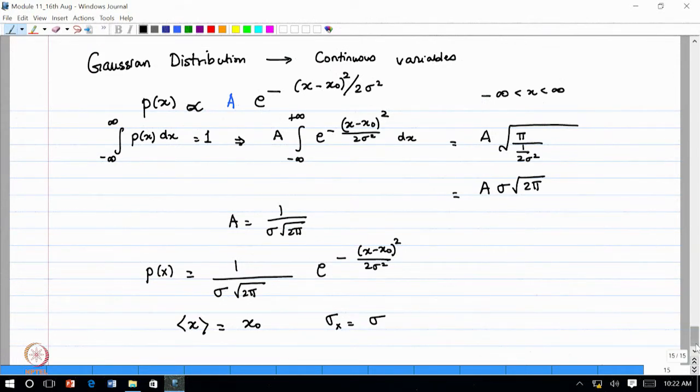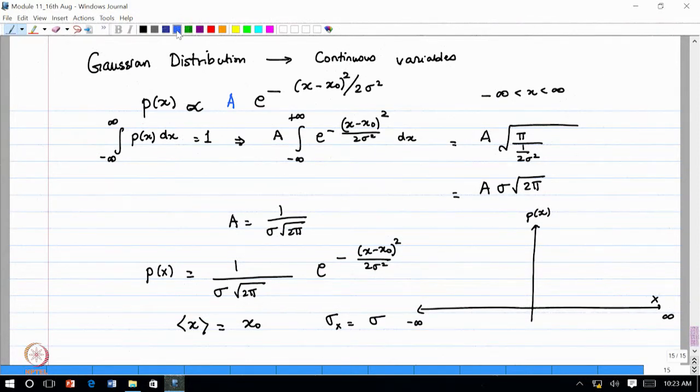Okay. And this Gaussian function looks like a Gaussian distribution function. So, if this is minus infinity to infinity, this is your x axis, and p of x is shown on this axis.